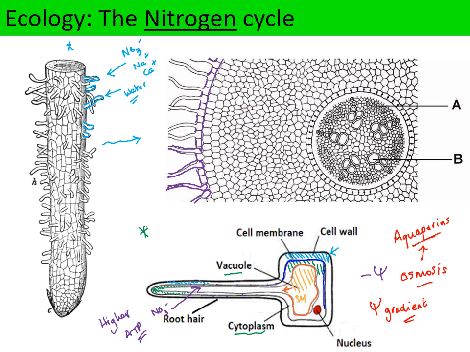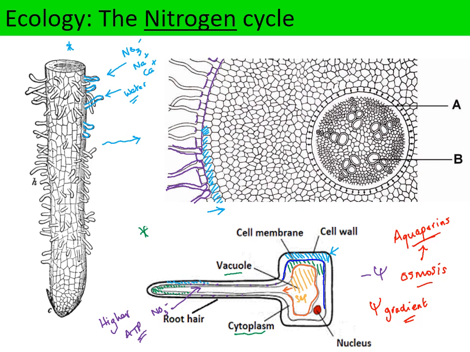So the water potential of the root hair cell goes slightly above the water potential of the adjacent cortex cells here. So these are the first cortex cells. Because the water potential is slightly higher in the root hair cell compared to the adjacent cortex cells, water goes down its water potential gradient into the more negative water potential cortex cells.